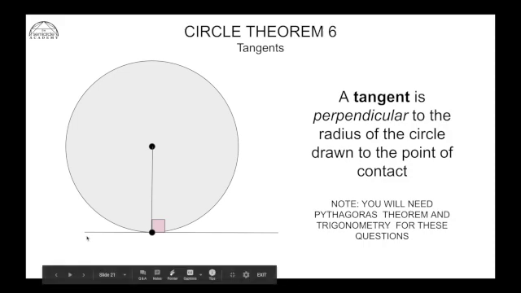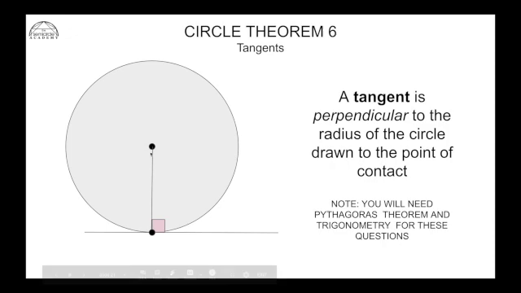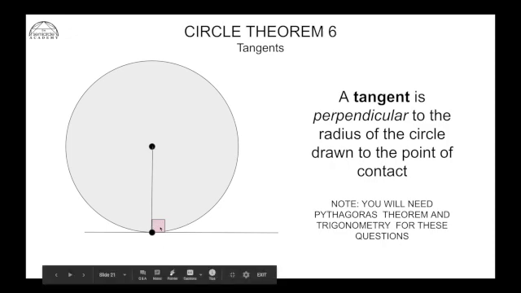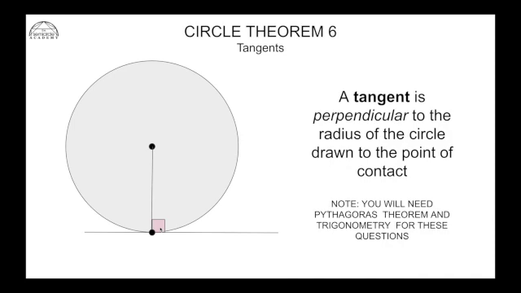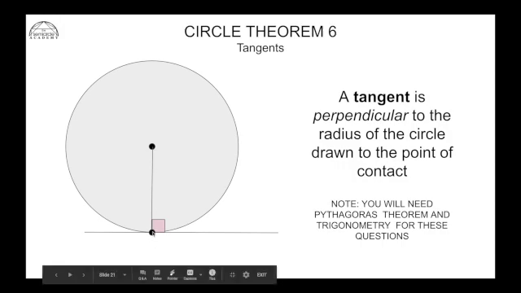So if I draw a tangent touching the circle at one point, and from that point I draw a radius to the center, that is going to be 90 degrees. So a tangent is always 90 degrees to the radius that meets it at that point. Tell me when you're done.